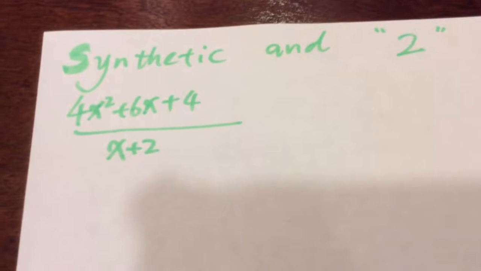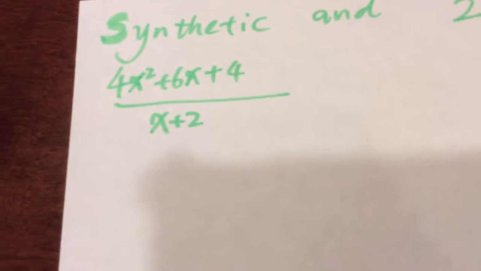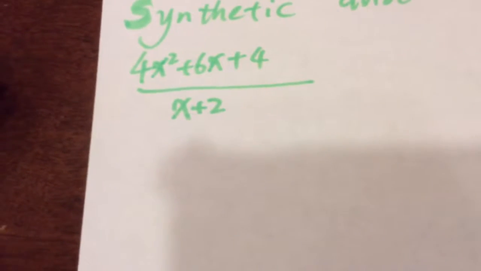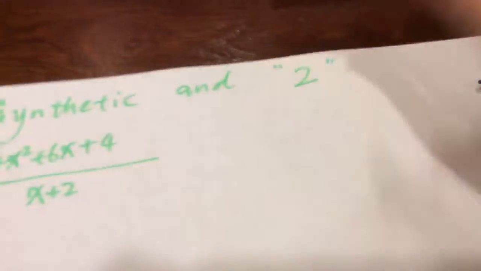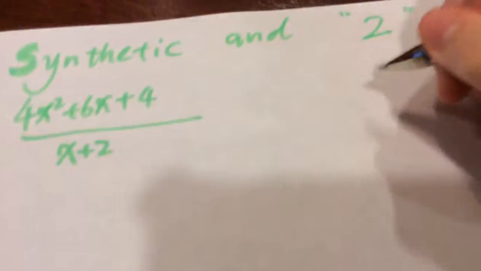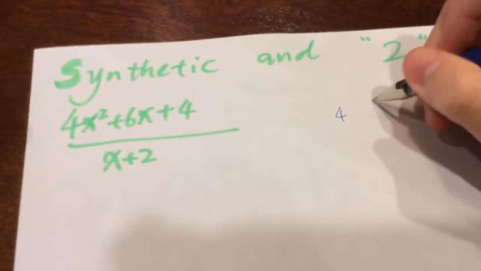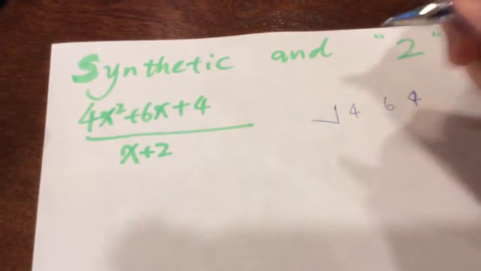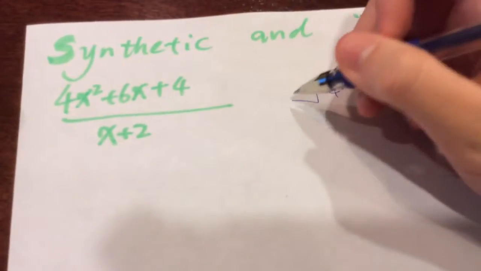4x squared plus 6x plus 4 divided by x plus 2. Now see, the x in the denominator is only x without any coefficient, so we can just copy the first number down, but first, remember it's the additive inverse of the 2, so it's negative 2.